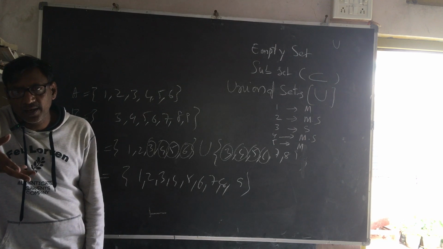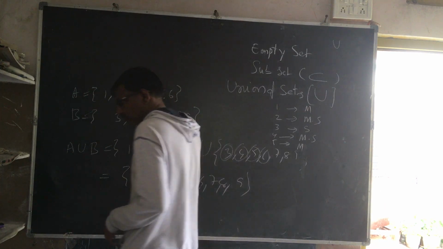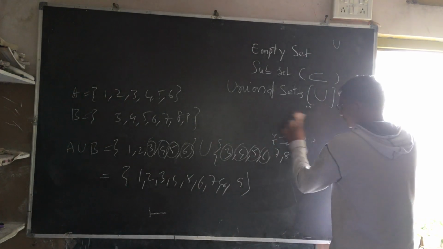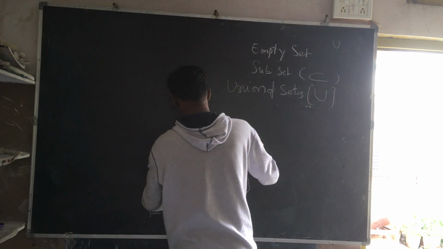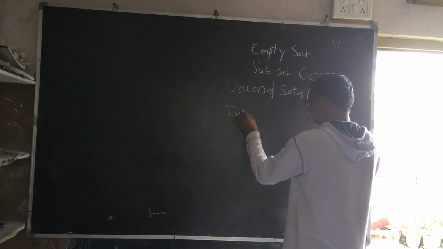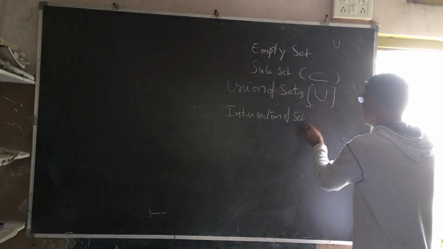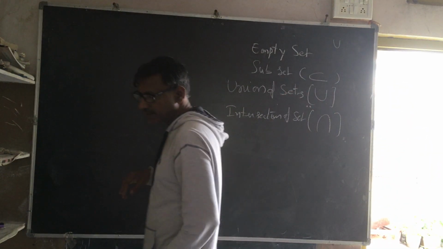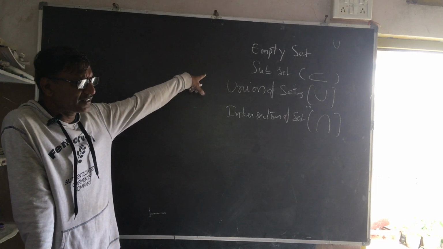When coming to the intersection of sets, the next one is what? Intersection of sets. This is inverted U. So I didn't give the definition of union of sets, right?